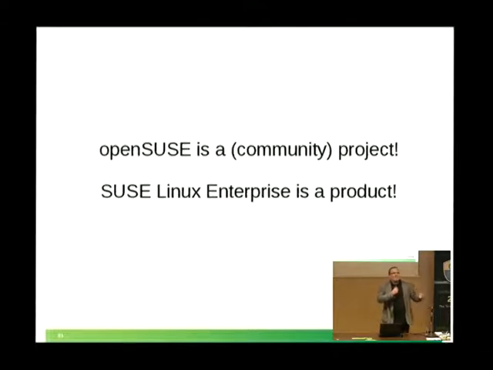So there might be a glitch to it, because in every community, the one who does something is the one who points in a direction and maybe also moves everything in that direction. SUSE Linux Enterprise, on the other hand, is a product, and with a product, we define what is going in there, we define what is needed. We are making basically the rules for it.